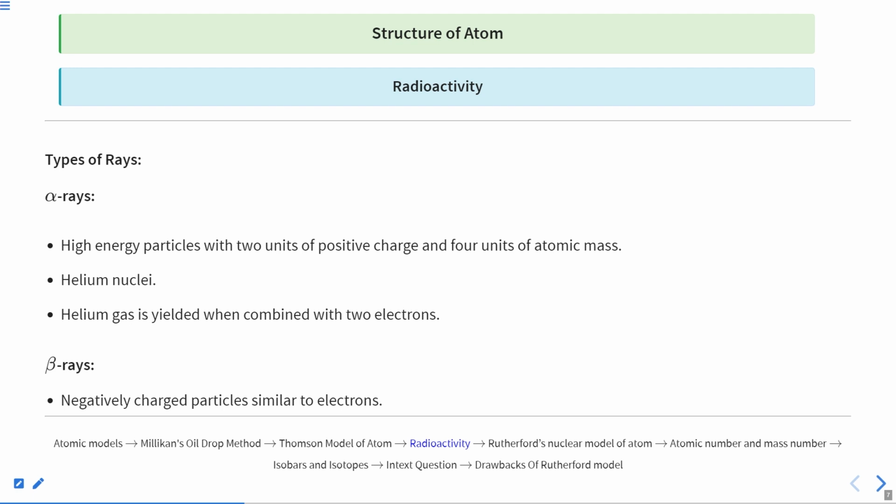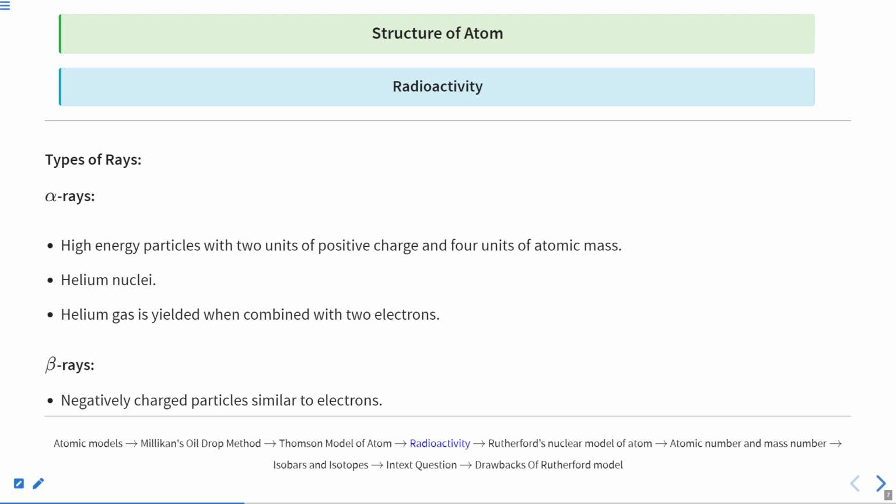So it has a mass of 4 units and a charge of 2 units. Clear? So it is basically He2+ ion, and that is called alpha rays. This basic thing should always be in your mind: an alpha particle is nothing but helium 2 plus.